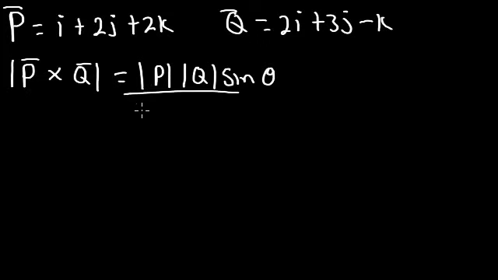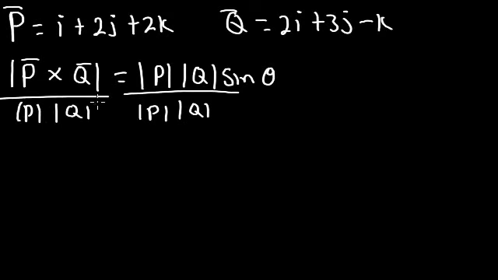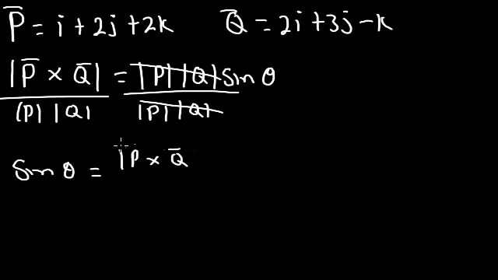So dividing through by the product of the individual magnitudes, we can clearly see that in the end we will be able to determine the angle between them. And this is the formula to use.